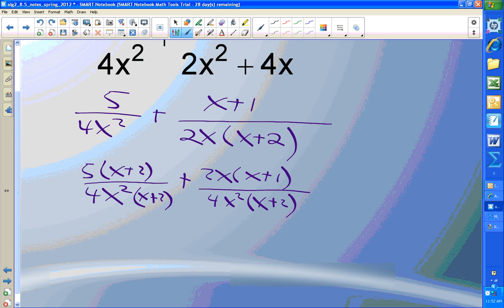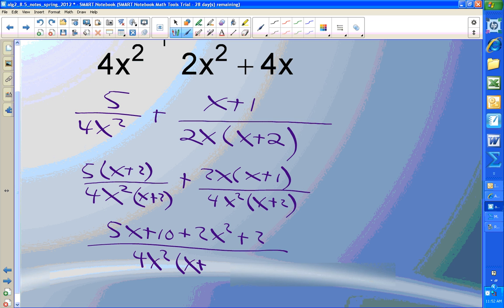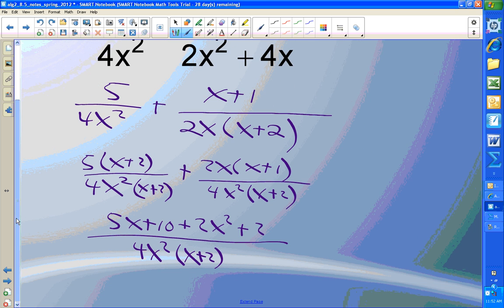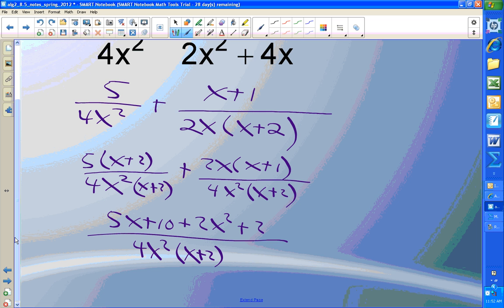So on the top, you're going to get 5x plus 10 plus 2x squared plus 2x over the LCD, 4x squared times x plus 2. Did I make a mistake? Did I say 2x plus 2? 2x squared plus 2x?